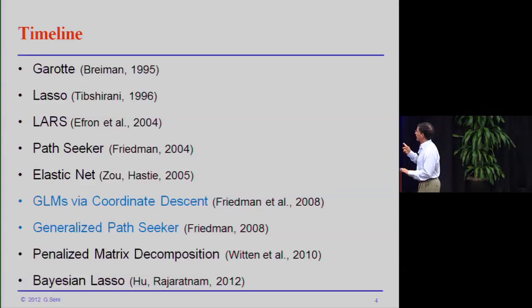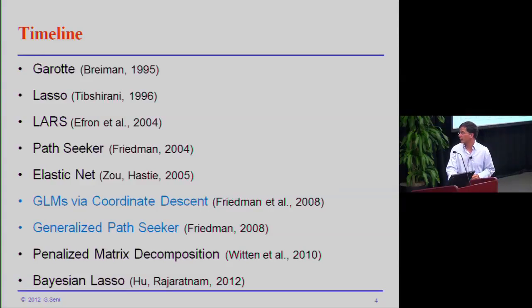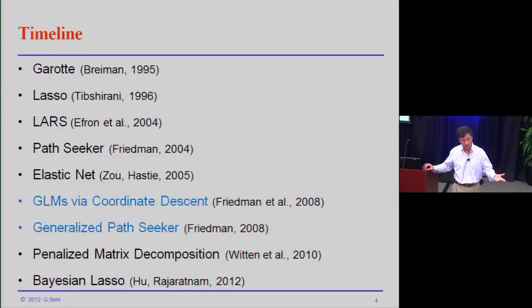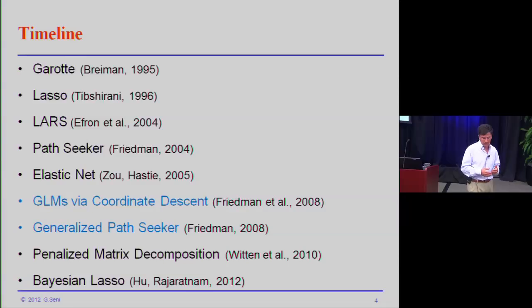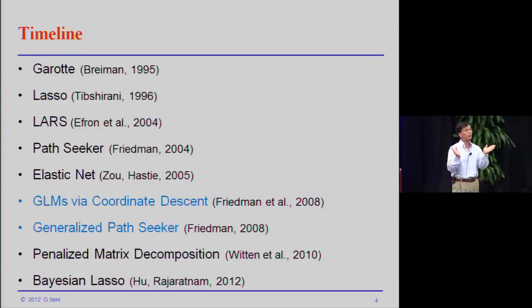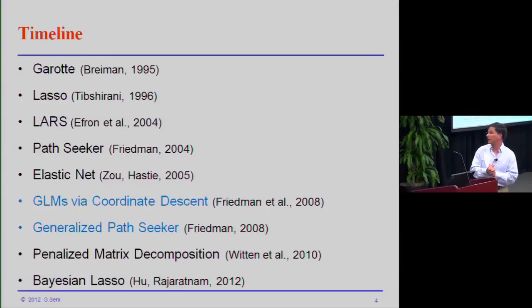Then the coordinate descent algorithm described in this reference, among others, since coordinate descent is described in different places, superseded the path seeker as the fastest algorithm for computing the lasso coefficients. And the GPS algorithm extended the gradient approach to non-convex penalties, which we'll see an example of, and which is appropriate in problems where more regularization is required.